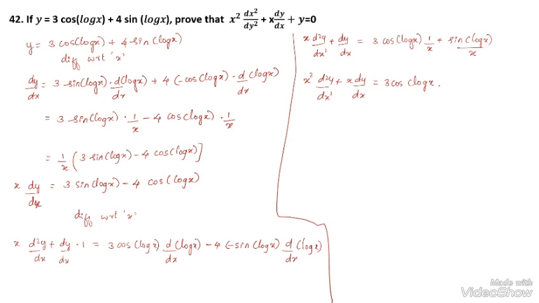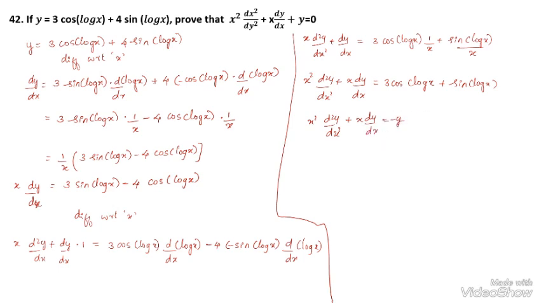Here minus plus sine of log x. Okay, taking here, this is again y, x square d square y by dx square plus x into dy by dx is equals to minus y.